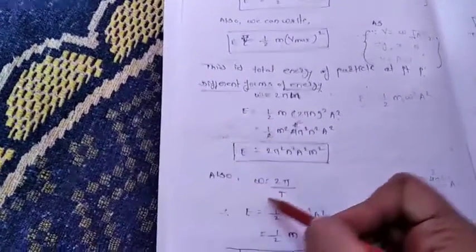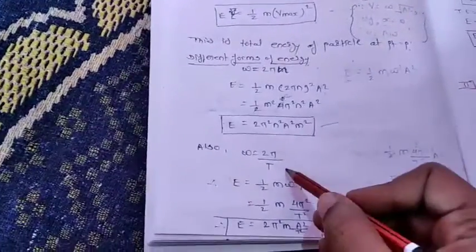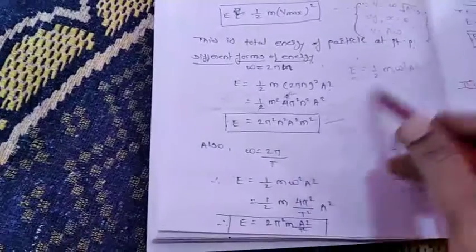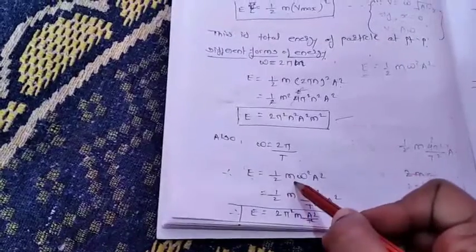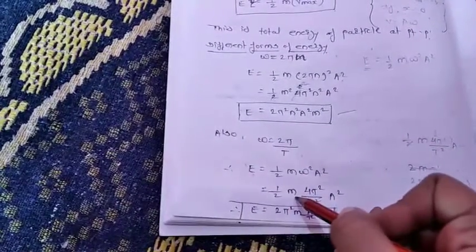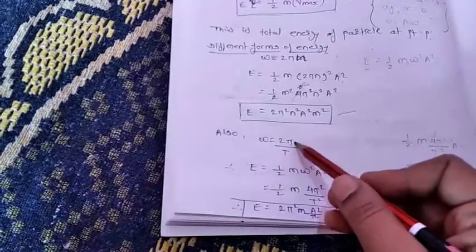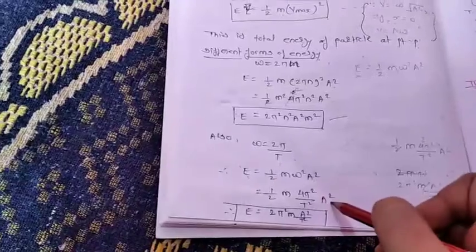And again we have omega is equal to 2 pi by T. Put this value in this equation: E is equal to 1/2 m omega square a square. So it becomes 1/2 m, omega's value is 2 pi by T, that is 4 pi square upon T square, a square.